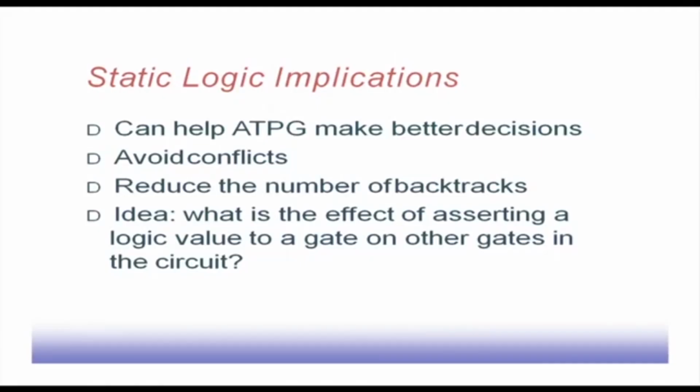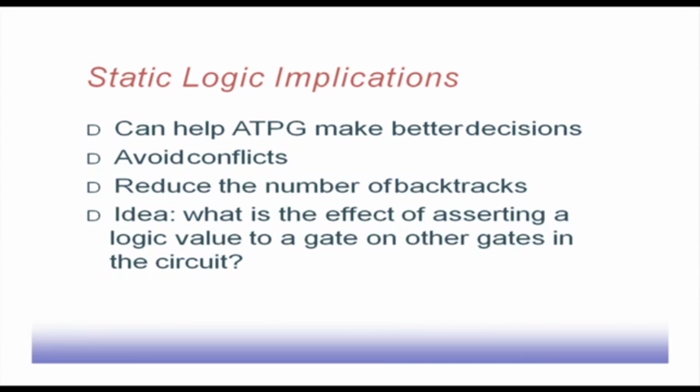Now, apart from these test generation algorithms, there are certain procedures which help in the test generation process. There are certain techniques that have been introduced into this process, so that the ATPG algorithms can be made faster. The first one in that category is static logic implication.